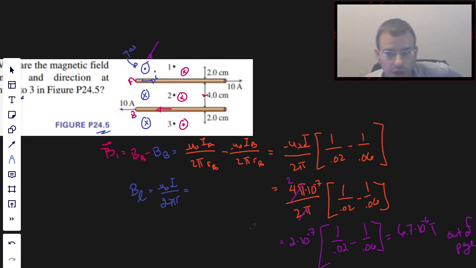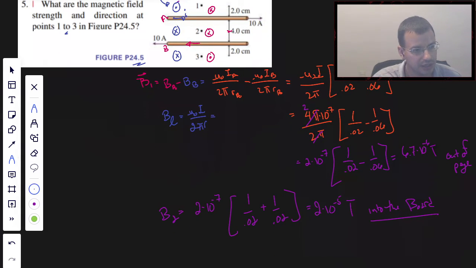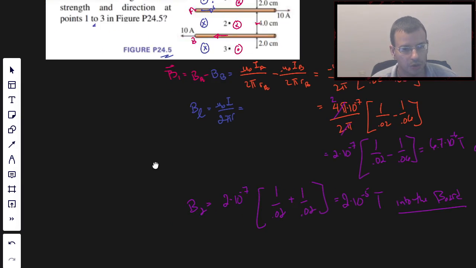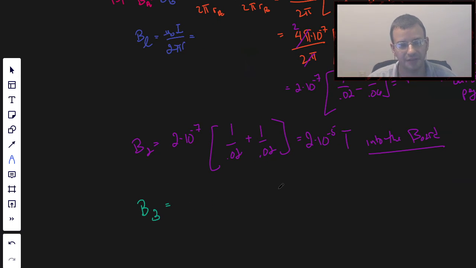And now we're going to have the same thing on B3. Same concept. So I'm going to come right down here. B3, we do the same thing. Mu naught I over 2 pi r, which is the magnetic field produced by a current carrying wire derived from Ampere's law.